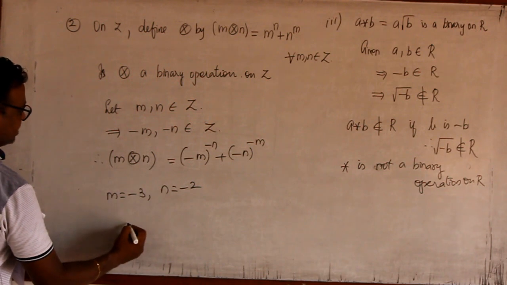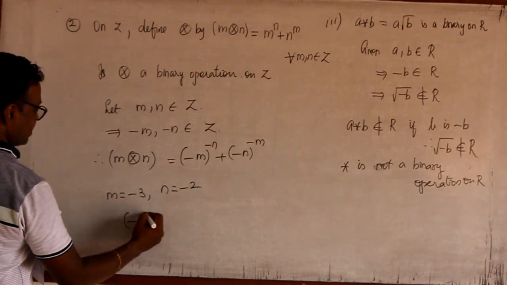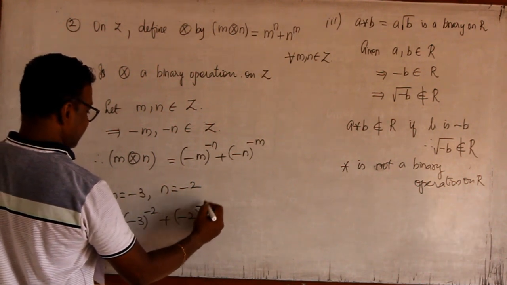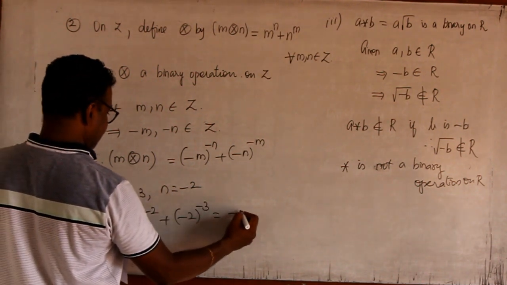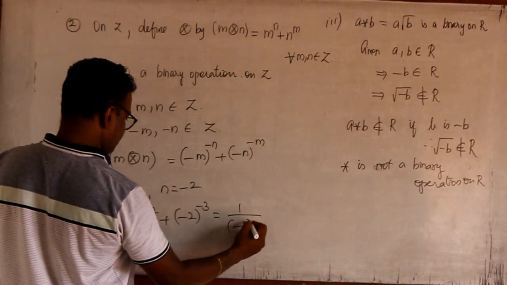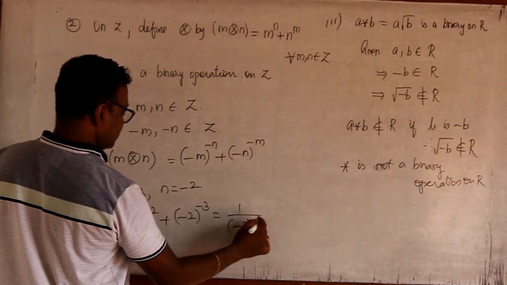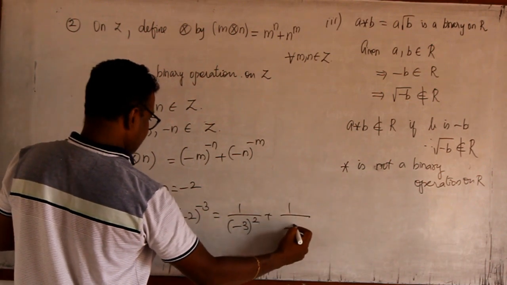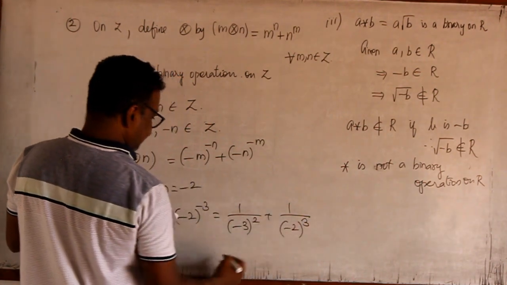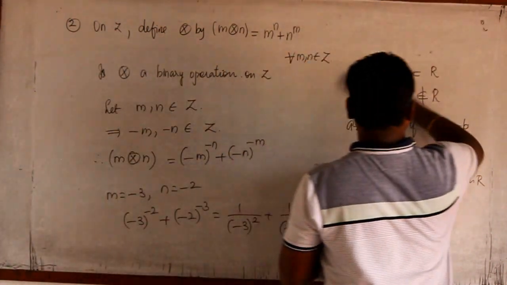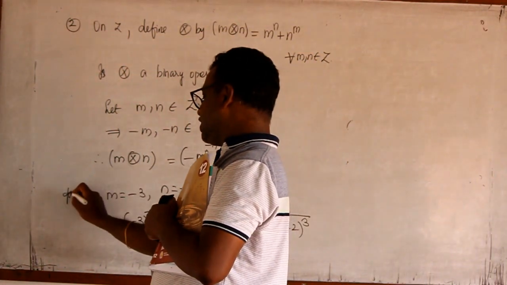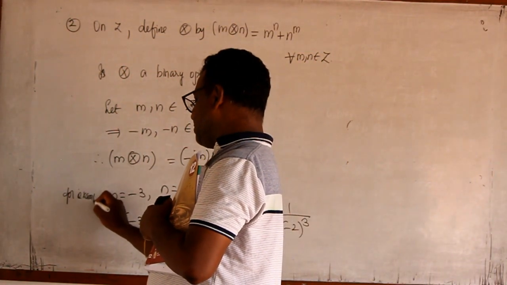What will happen? Then it is minus 3 whole power minus 2 plus minus 2 whole power minus 3. That is, minus 3 we can write as 1 by minus 3 whole power 2, plus 1 by minus 2 whole power 3. This is for example. You don't need to write it in the exam. Just listen.